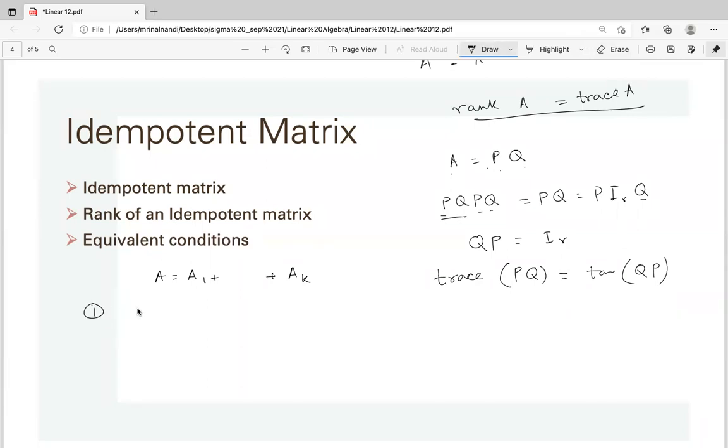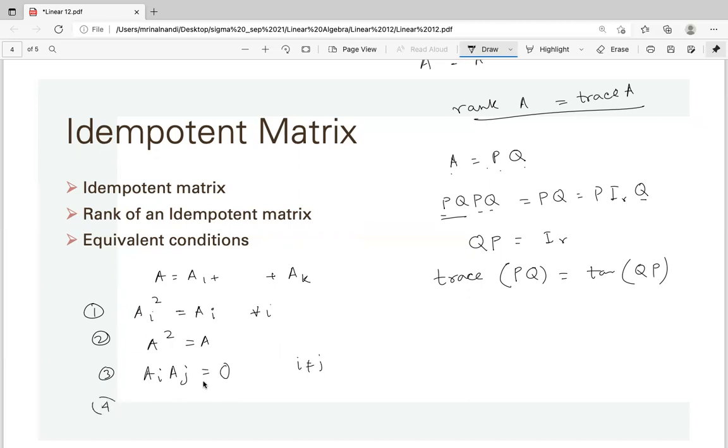Condition 1: A_i square equal to A_i for all i. Condition 2: A square equal to A. And 3: A_i times A_j is a null matrix for all i not equal to j.